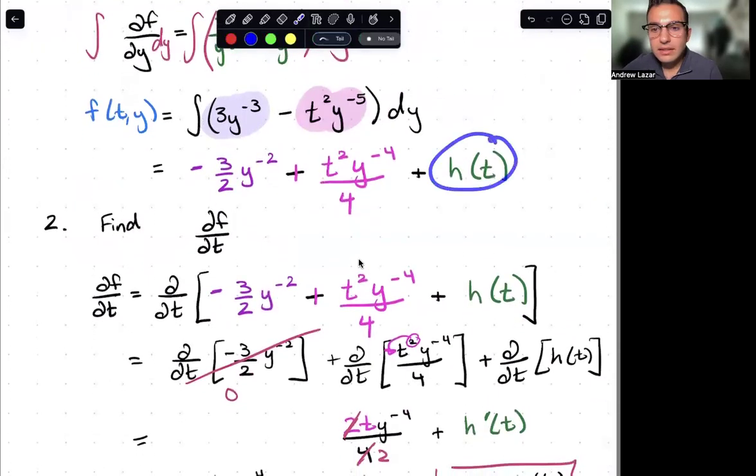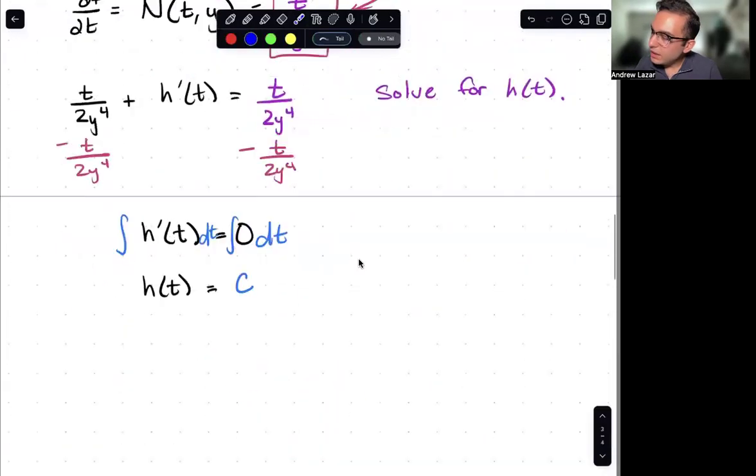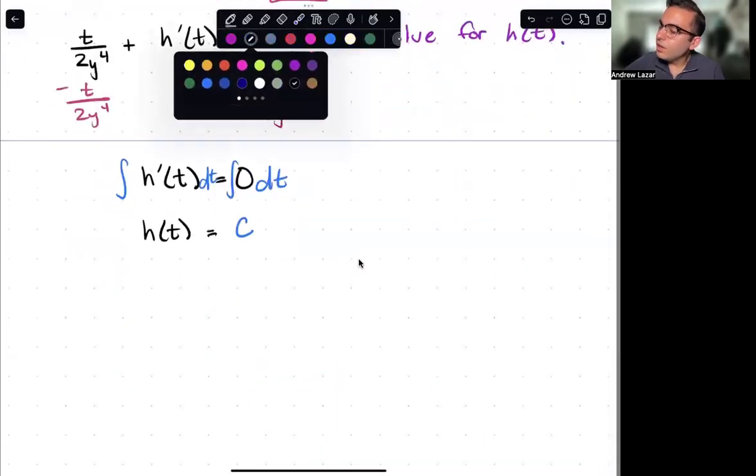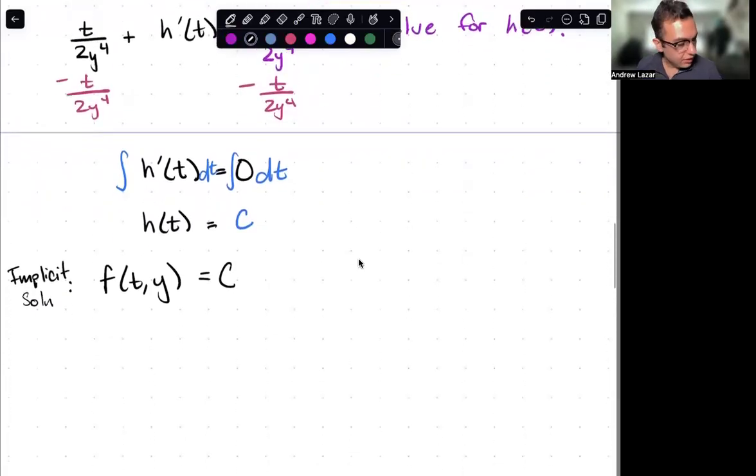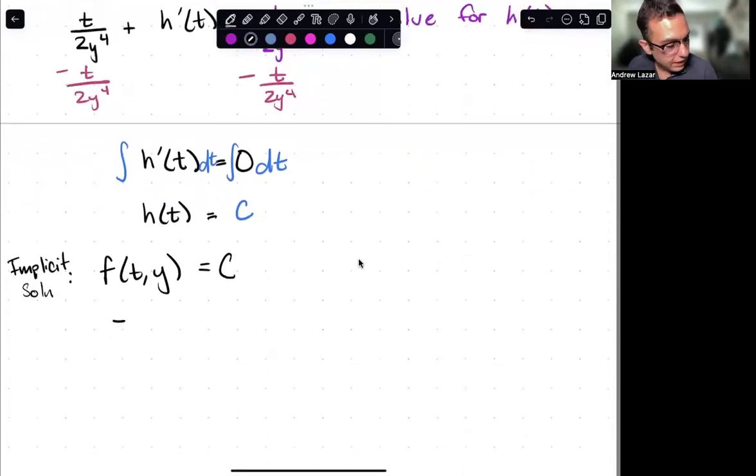It's just a constant. Now, in any event, what you want to do is actually set your f of t, y equal to a constant. That's your implicit solution for an exact equation. So what we're going to have is, let's see, it was -3/2 y to the minus 2 plus t squared y to the minus 4 over 4.